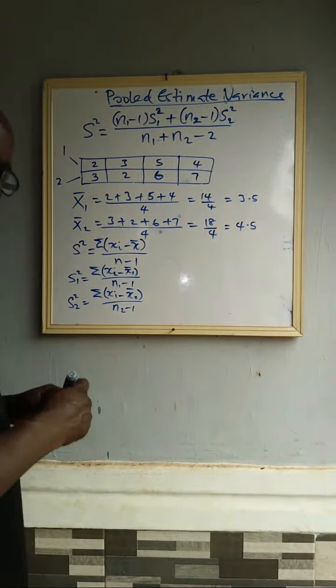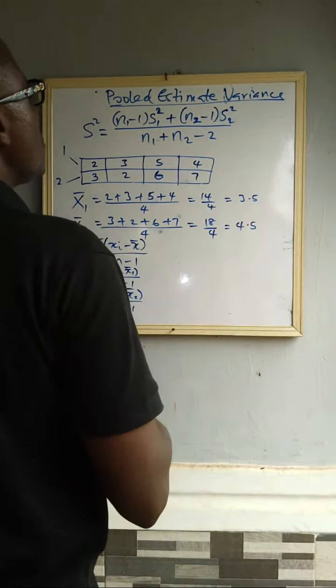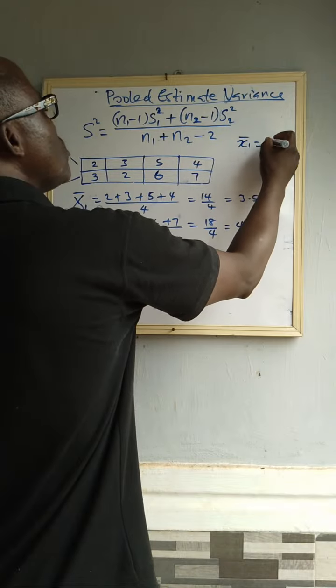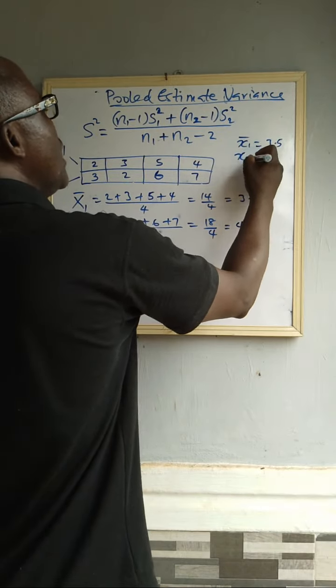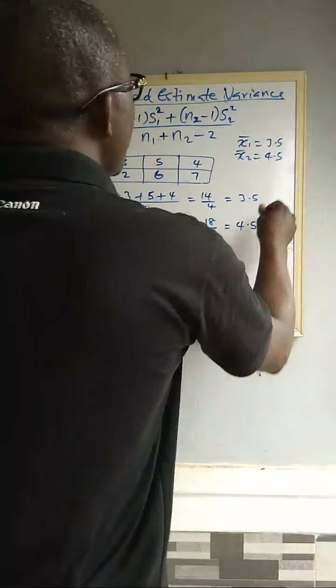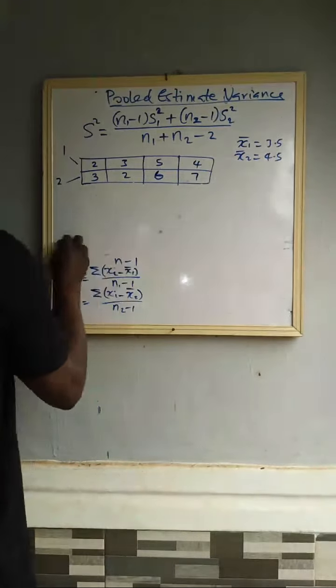Alright, so let's follow along. Let's note x1 bar. X1 bar equals 3.5. X2 bar equals 5. So I want to rub this mean so that we can use the space to calculate the variance.